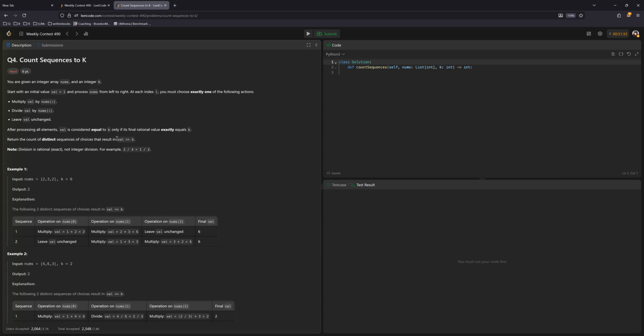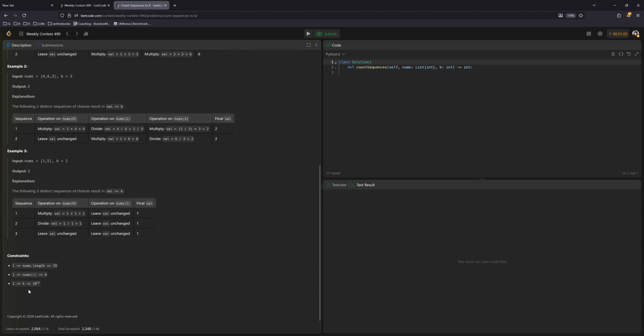Okay. So we can multiply, divide, or leave it unchanged. nums.length. Is it just me, or does this seem like a brute force problem here?